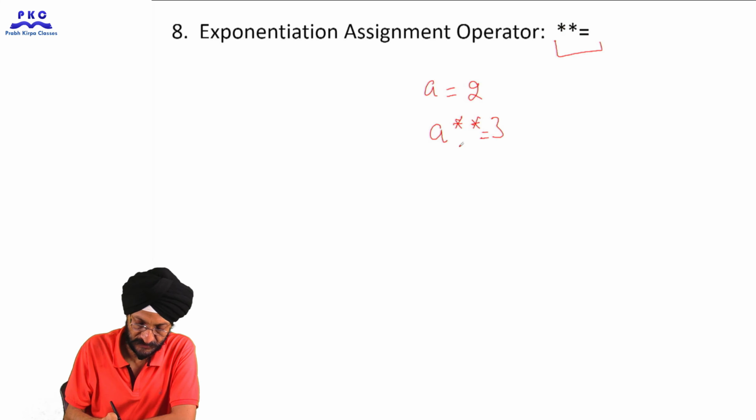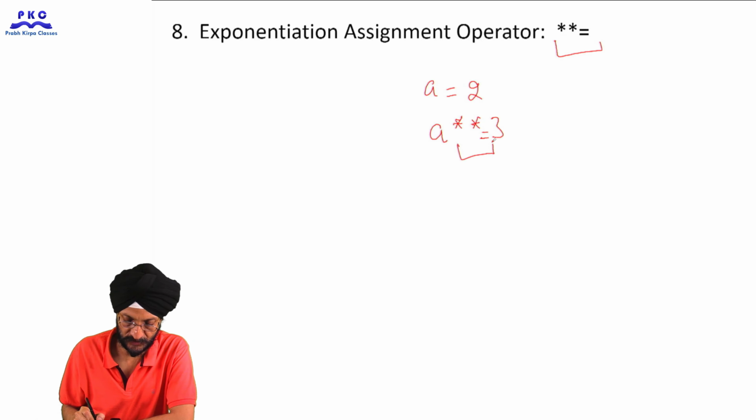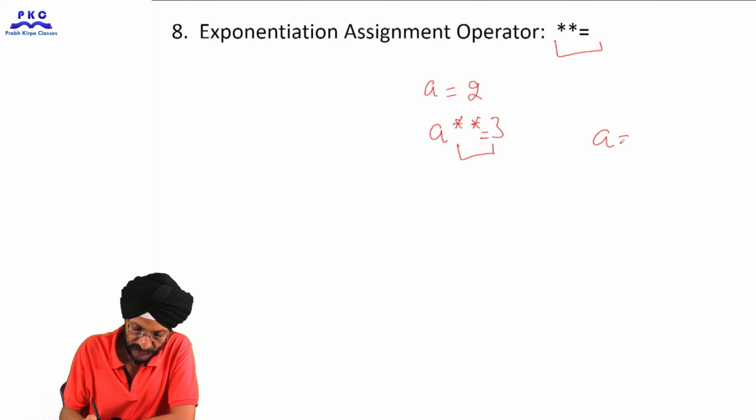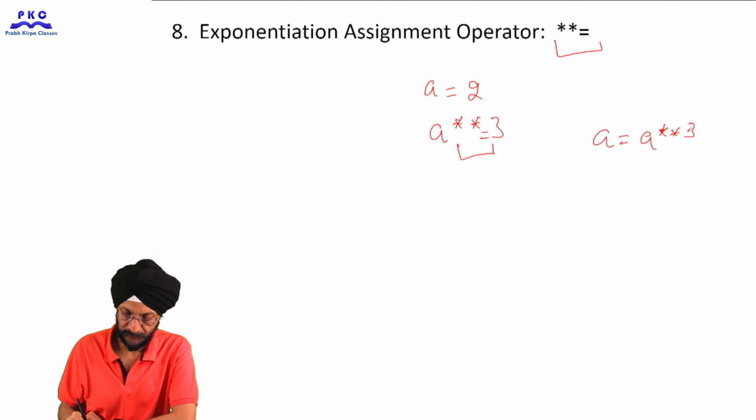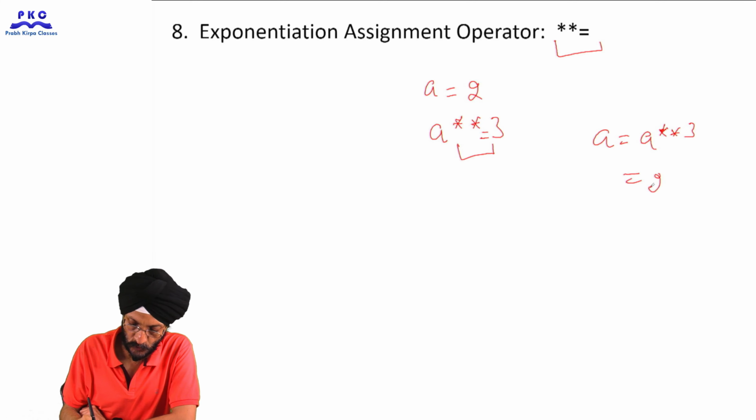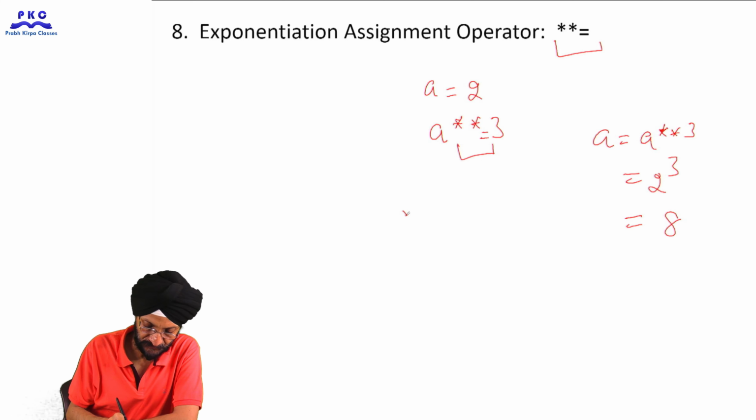This exponentiation assignment operator has been used. Now here what will happen? A is equal to A raised to power 3. So in this case A is 2 raised to power 3, it will become 8.